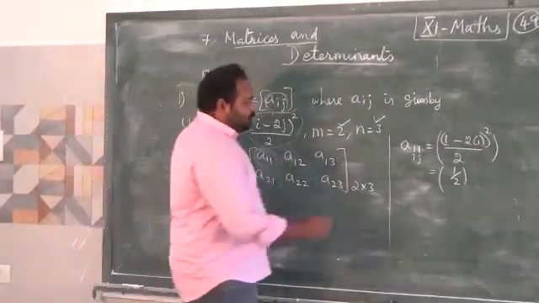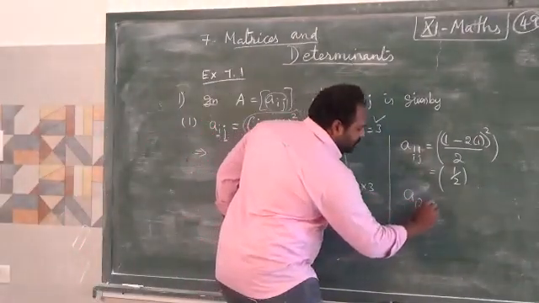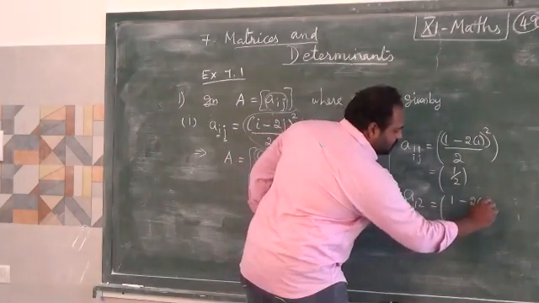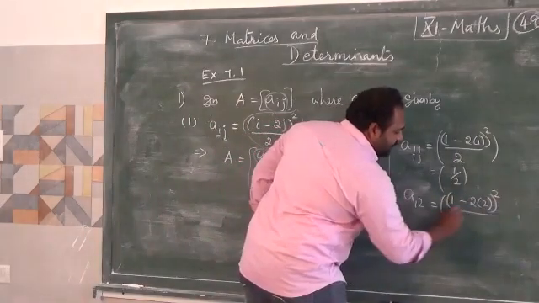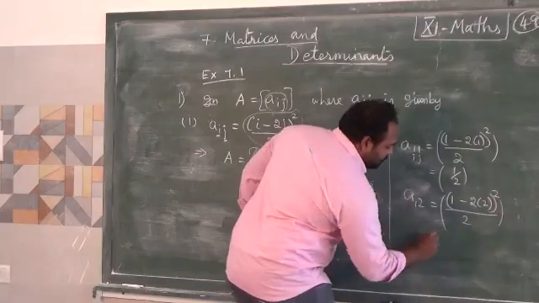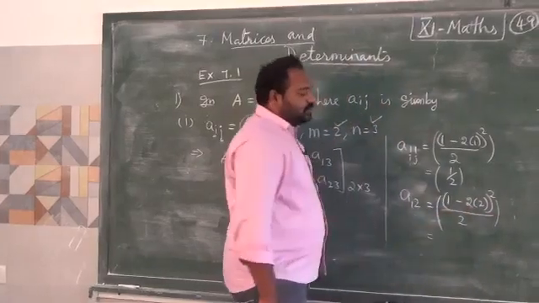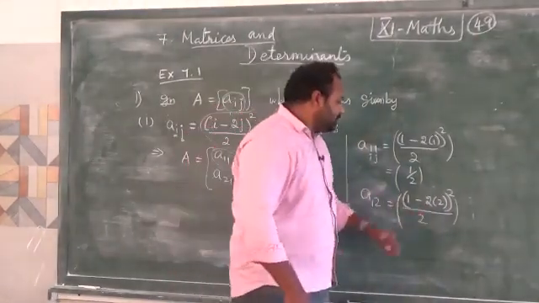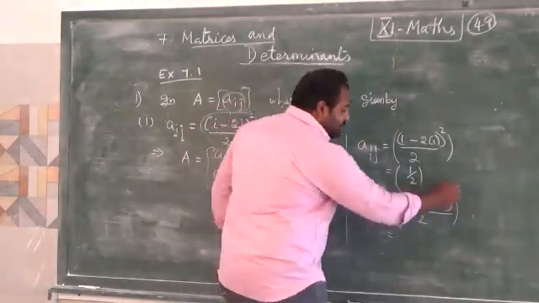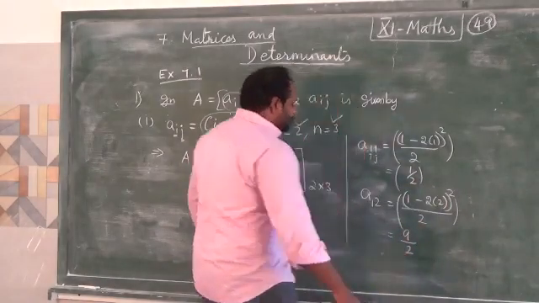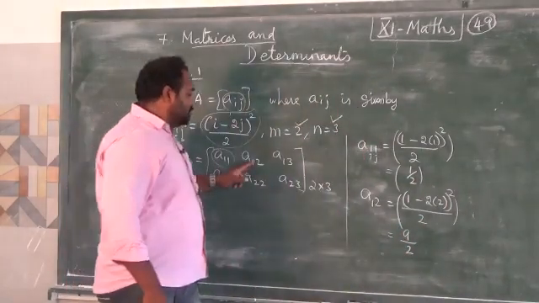Next A12: i is 1, j is 2, so (1 minus 2 into 2) whole square by 2. 2 into 2 is 4, 1 minus 4 is minus 3, squared is 9, so this value is 9 by 2.